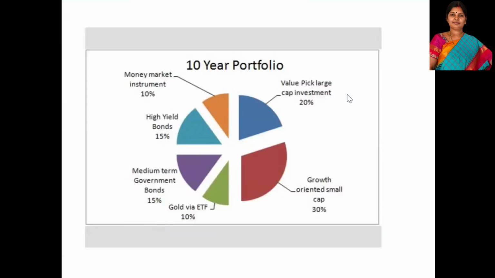So here I want to show you one picture. You can see here they have invested for 10 years, right? So 10% they have invested in money market instruments, and 15% they have invested in high yield bonds, and in medium term government bonds they have invested 15%, and gold ETFs 10%, and growth oriented small cap 30%, and value pick large cap investments they have made 20% investment.